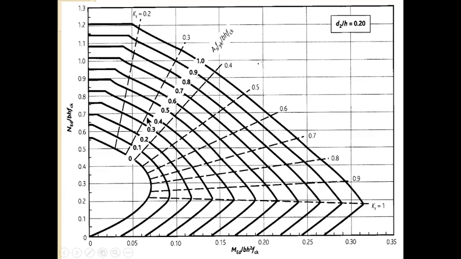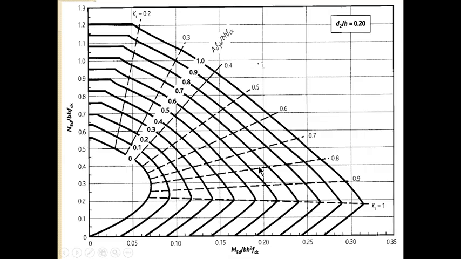Then we need to pick another value for K for the second iteration. So this is the point that we are looking at. If we are somewhere here, this is 0.7, so this should be about 0.73 by my own reading.